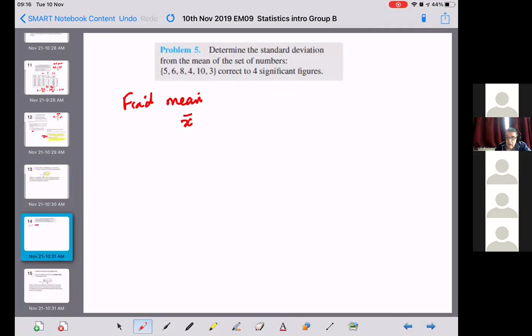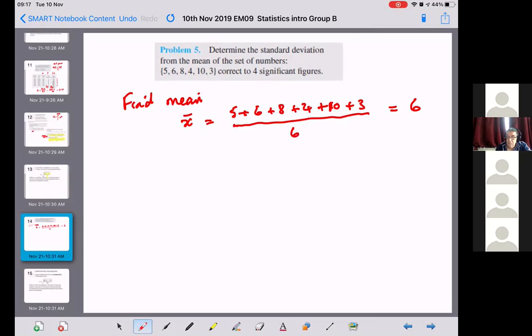X bar is equal to all the values added together: 5 plus 6 plus 8 plus 4 plus 10 plus 3, divided by the number in the set, which is 6. We get 6.